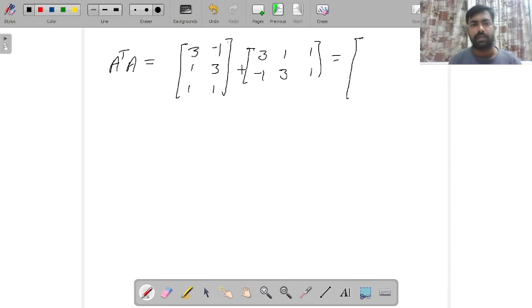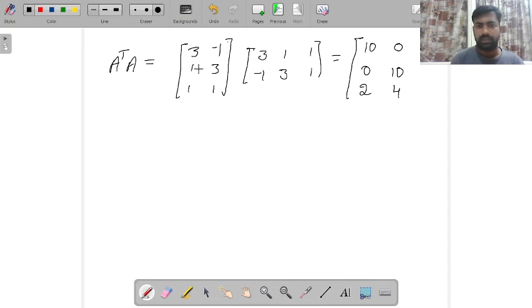So the product is 3 times the first column, negative 1 times the second column. This gives me 10, 3 minus 3 is 0, 3 minus 1 is 2. The next, 1 times the first column, 3 times the second column, 0 here, 10 here, whereas 1 plus 3, which is 4.